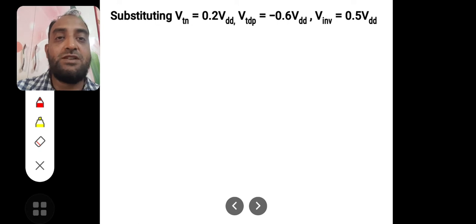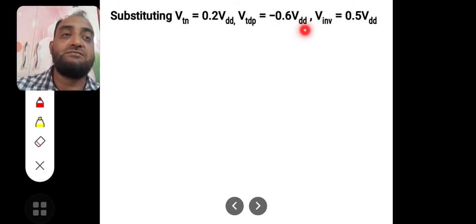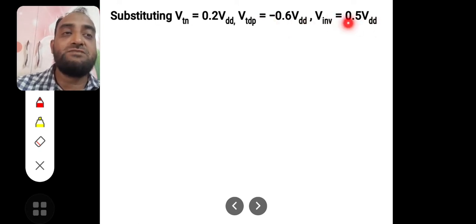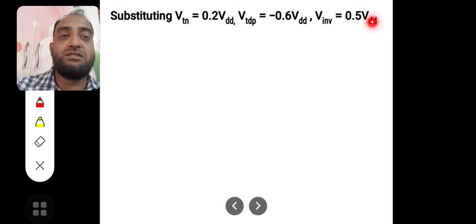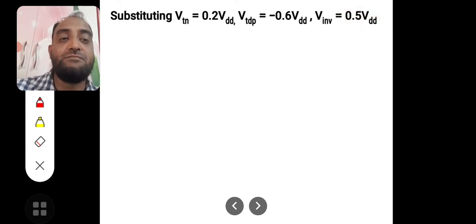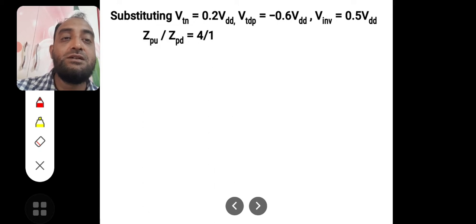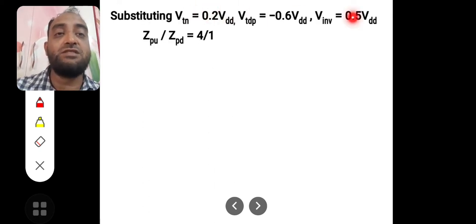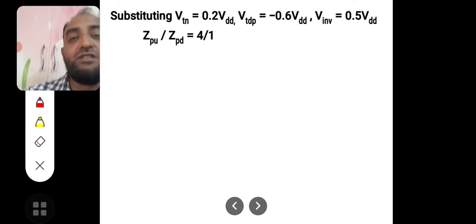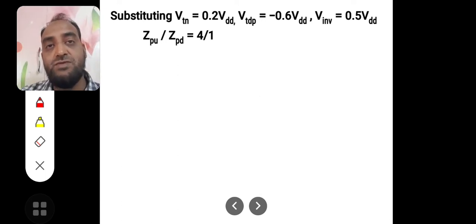And VINV is, as we know, 50% of the supply, that is 0.5 VDD. Substituting all these terms in that equation, we get the pull up to pull down ratio of an NMOS inverter driven by another inverter as 4:1.